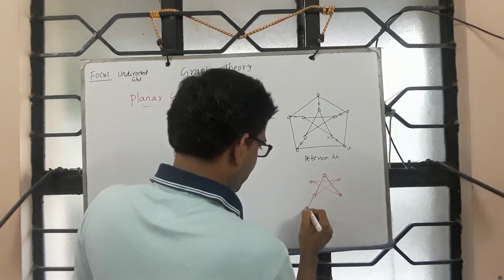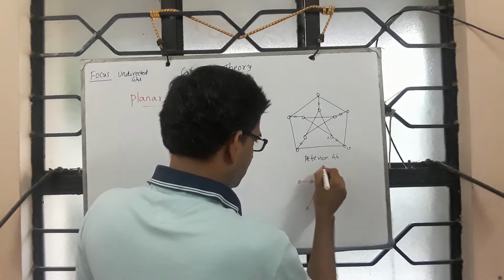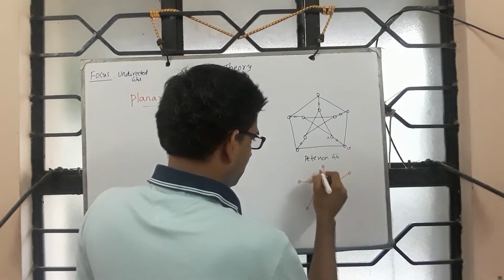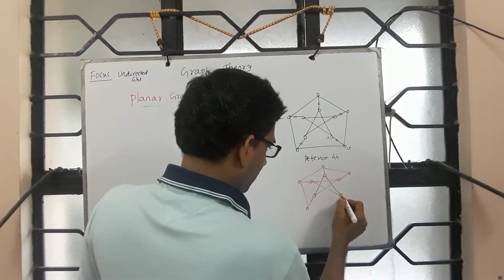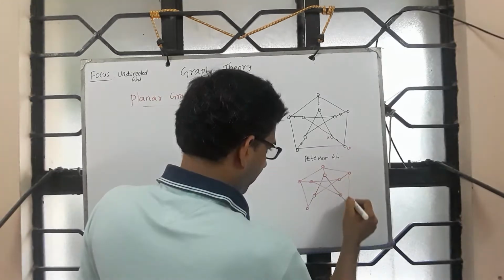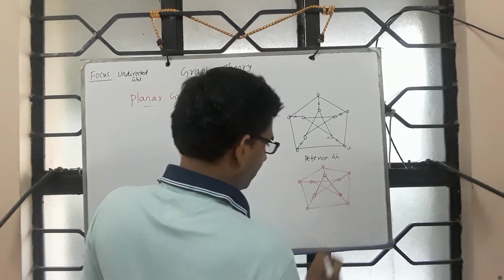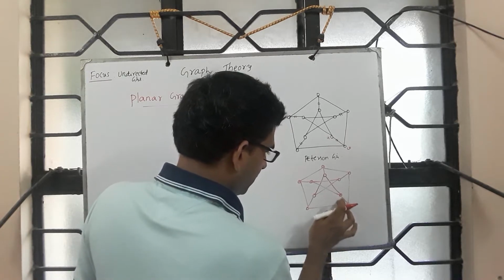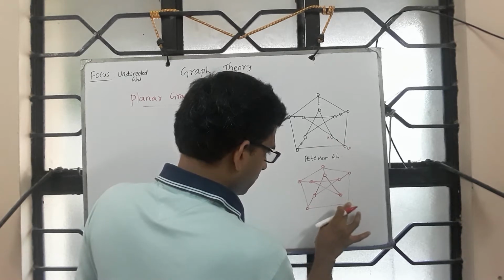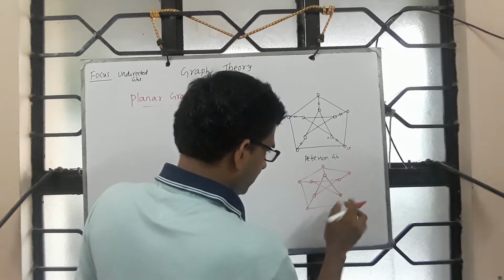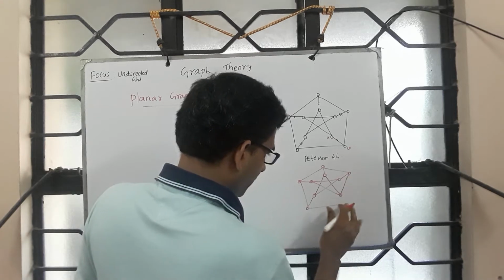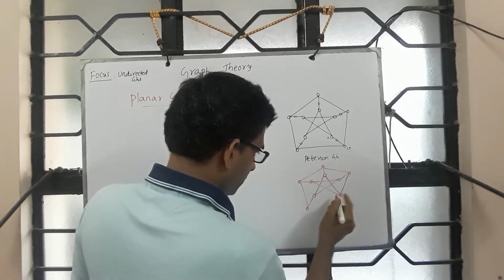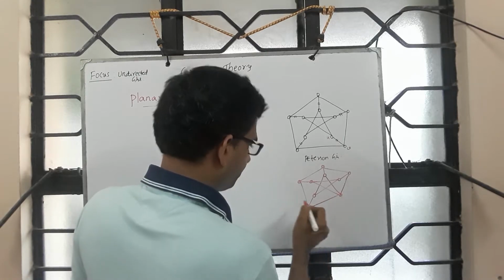Now you have something going out like this. Okay. So this is what we have. Now what will happen? We are merging these two. So now when we merge these two, this edge will now be here and this edge will now be here.